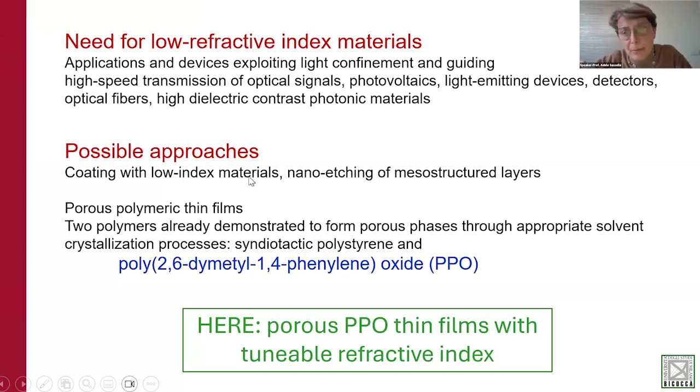So the first approach was using low index materials as coatings, for example in fibers. Actually, this is the starting point. Or preparing nanostructured material layers by etching the materials themselves.